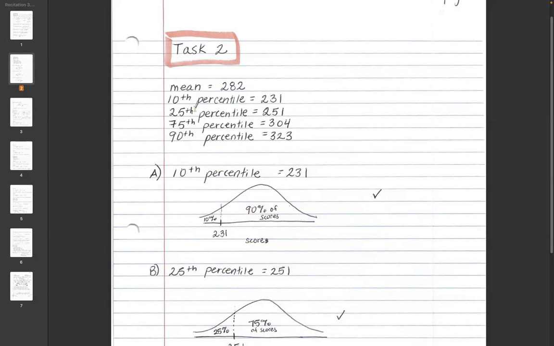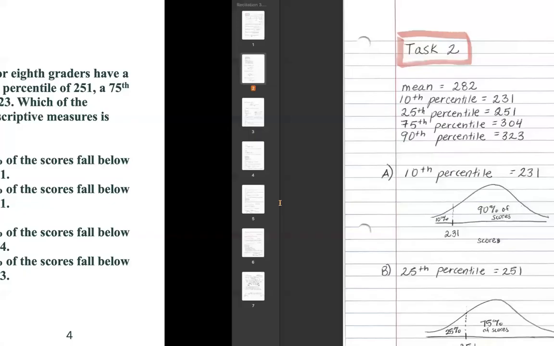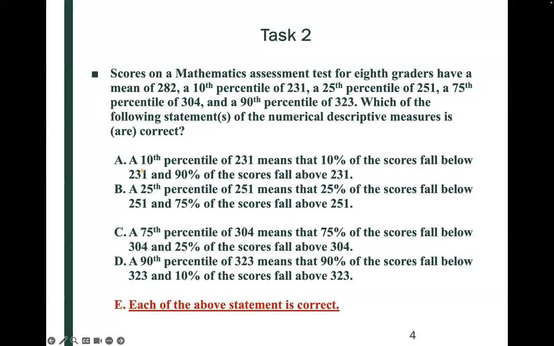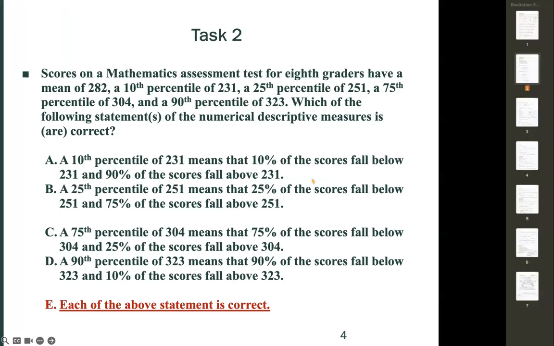So here the 10th percentile is 231. Let's first look at the first statement. A 10th percentile of 231 means that 10% of the scores fall below 231 and 90% of the scores fall above 231.